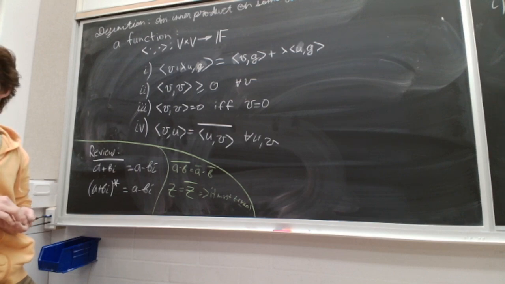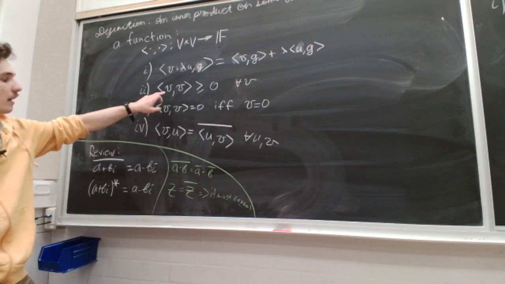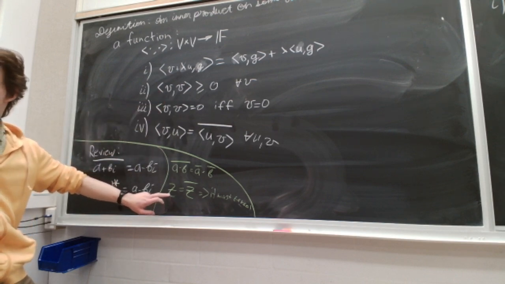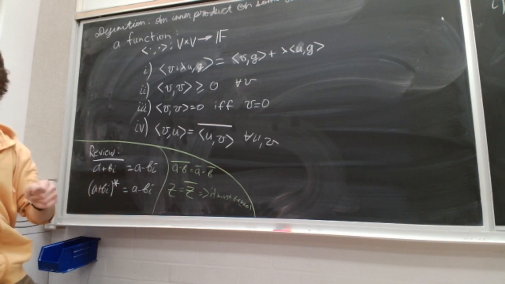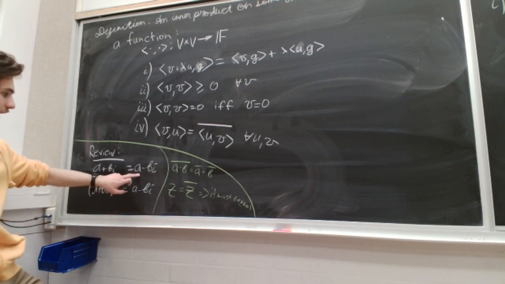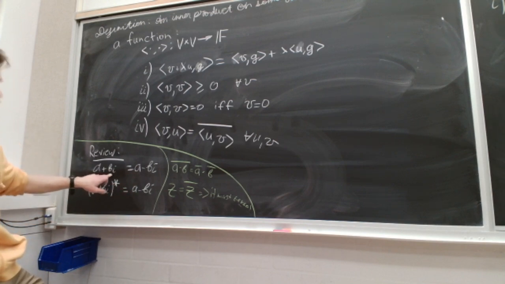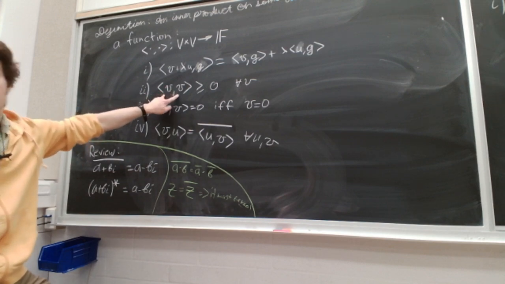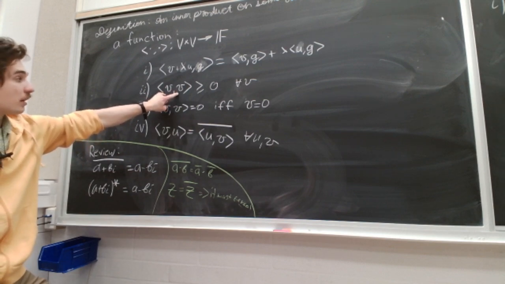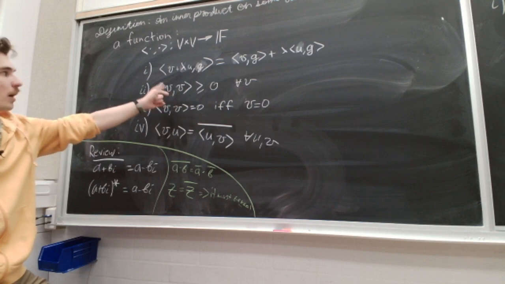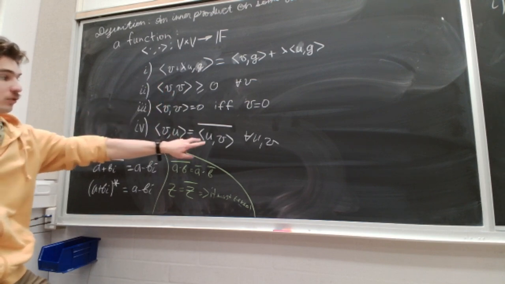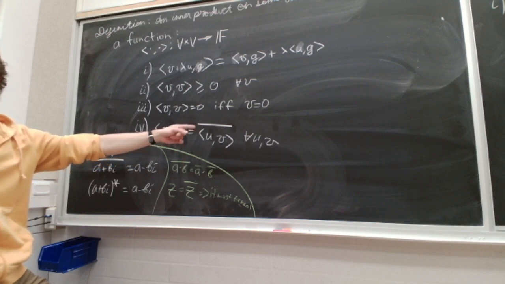If a number is equal to its own complex conjugate, it has to be real, because a minus bi is equal to a plus bi, and so b has to be 0. Now let's look at v inner product v. If I swap the v's, nothing changes. But according to the fourth rule, if I swap any two vectors, I should get a complex conjugate.